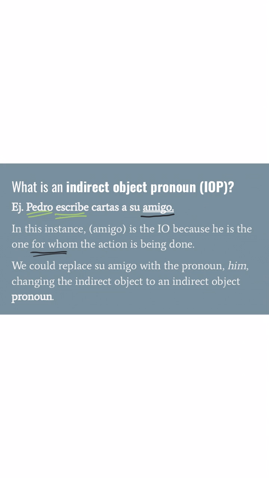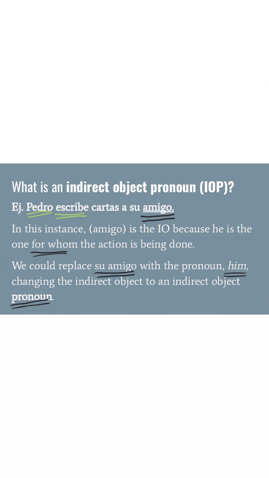We could replace the word amigo, su amigo, his friend, with the pronoun, ready, him. Okay? So that would change the indirect object from just a friend to an indirect object pronoun, including the word him. Okay? So it's the difference essentially between saying he, which is él, and him.